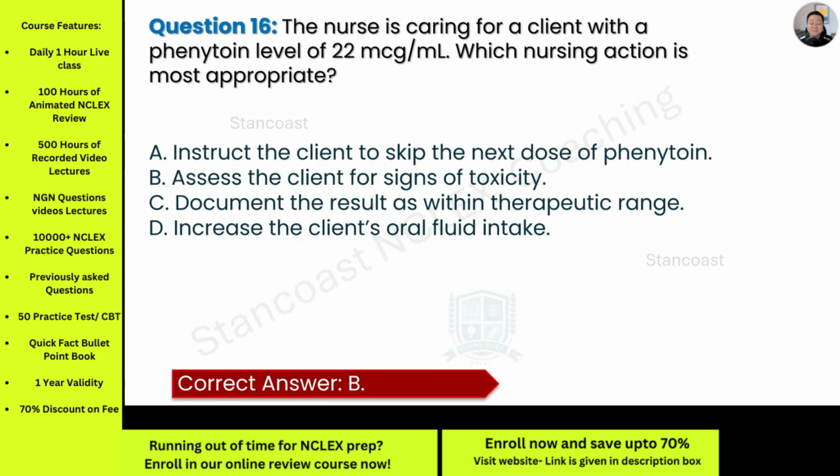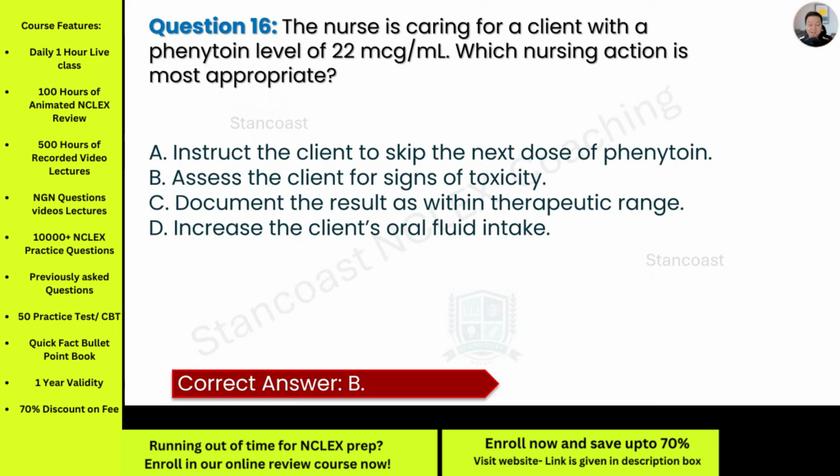Now, if the toxicity is already confirmed, you need to make sure that the medical provider adjusts the medication dose, or maybe some other steps will be ordered to manage the elevated drug level.